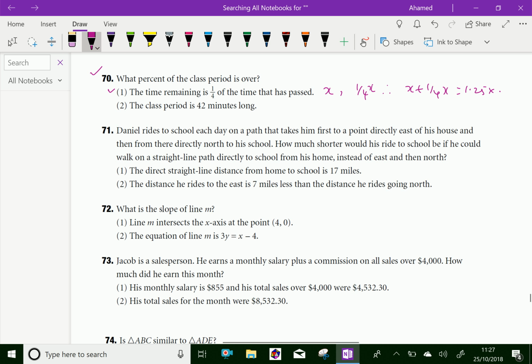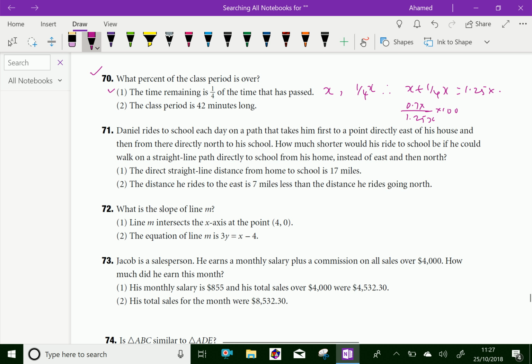Here the total period we have is 1.25x, and the remaining is 1 minus 1/4, that is 0.75, into 100. From that we can find what percent of the class period is over.